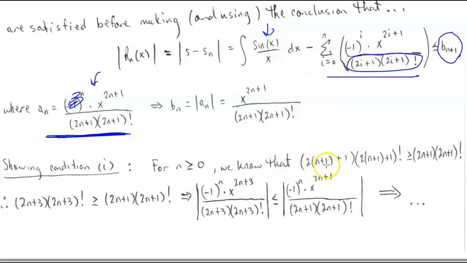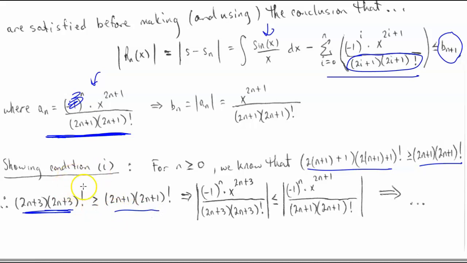So we know that if I was to essentially, for these i's, if I replace them with n plus 1, this quantity would be larger than if I just had n's in place of those i's right there in the denominator. Which also means that if we simplify everything, 2n plus 3 times 2n plus 3 factorial is greater than 2n plus 1 times 2n plus 1 factorial.